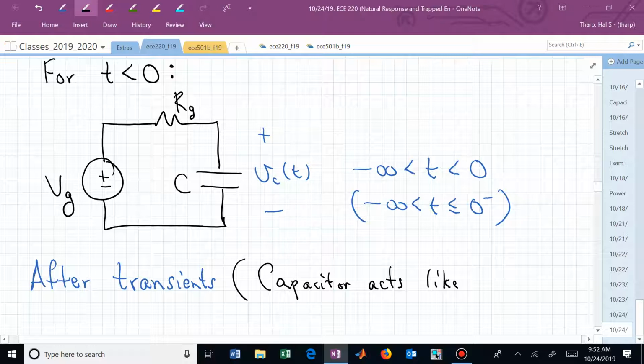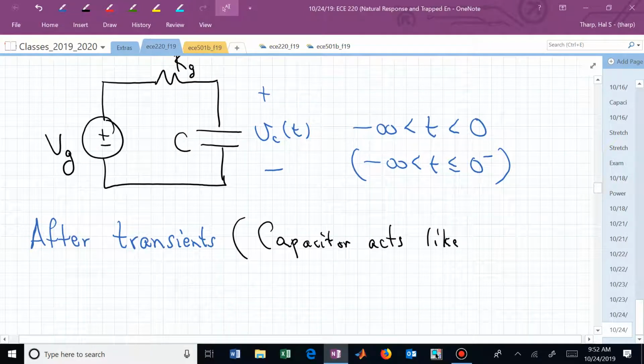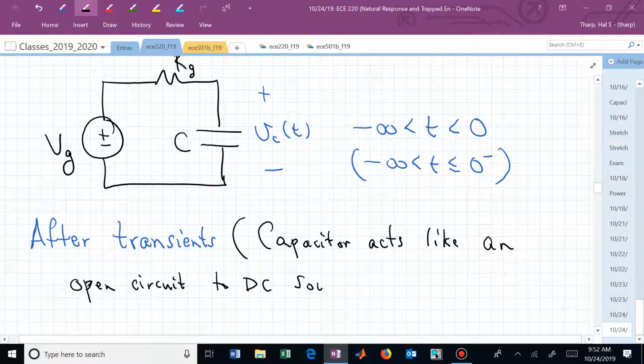Does a capacitor act like an open or a short? With DC sources, this capacitor charges up, and there's no current flowing, is there? So a capacitor acts like an open circuit to DC sources.